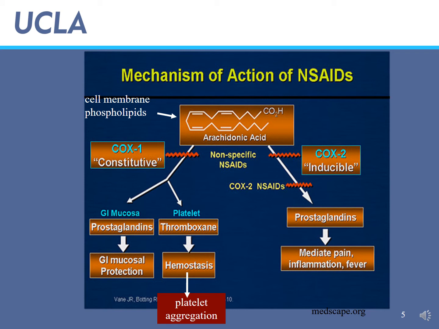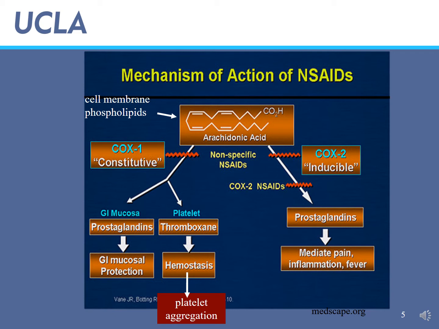So here is again the mechanism of action of those NSAIDs. As I said, the COX enzymes are involved in the synthesis of the prostaglandins and other compounds. COX1 is constitutive in the GI mucosa and is also important for the platelet aggregation.